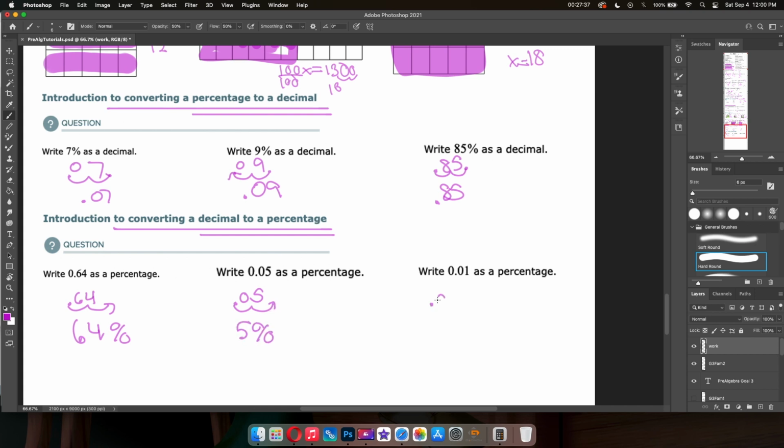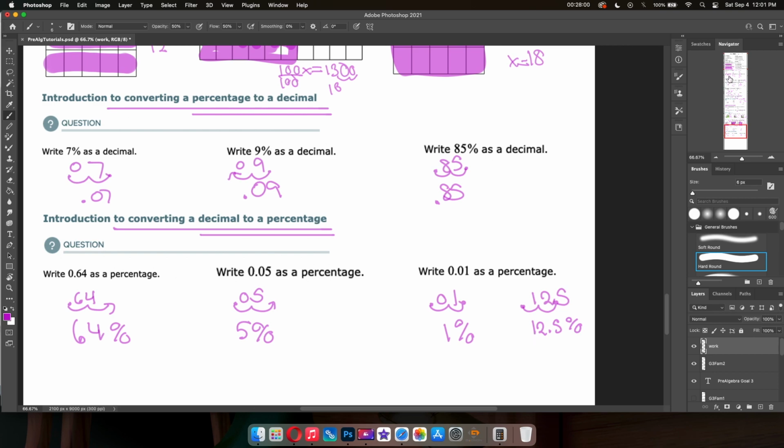Then I move 0.01, move it over to the right 2 places, and I have 1%. And for a sneak preview for later topics, what if I have something like 0.125? I move the decimal over 2. That's where it stops, so my answer would be 12.5%. There's a little sneak preview of stuff we're doing later.